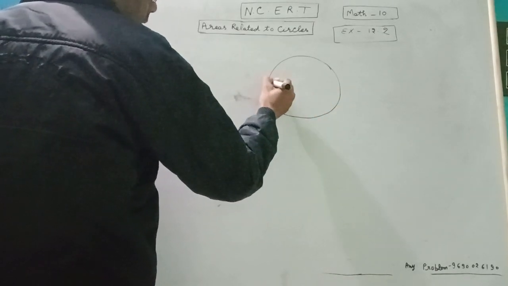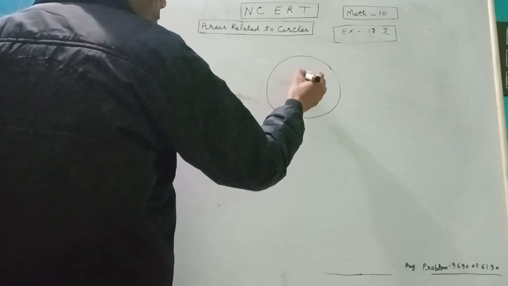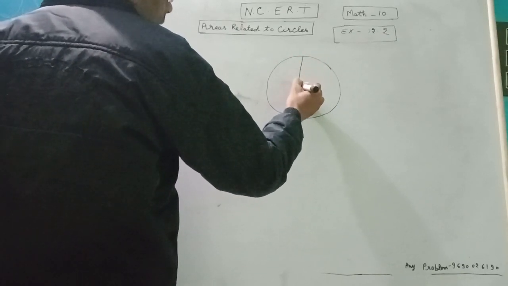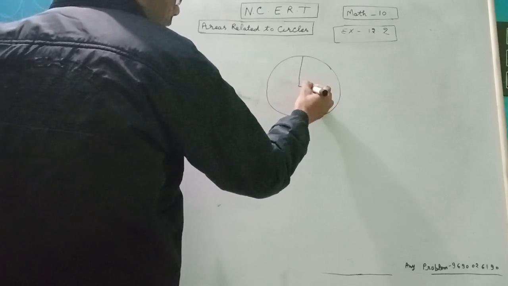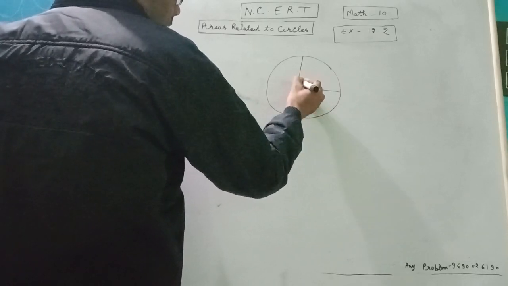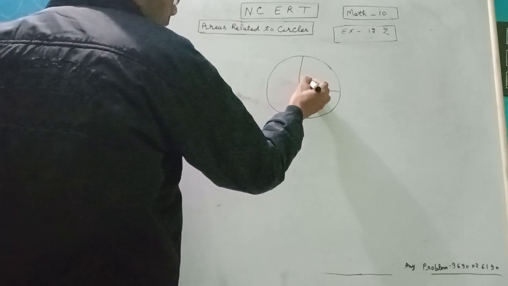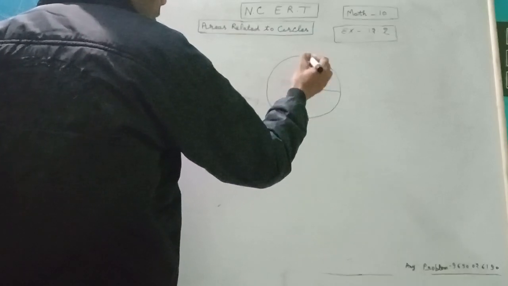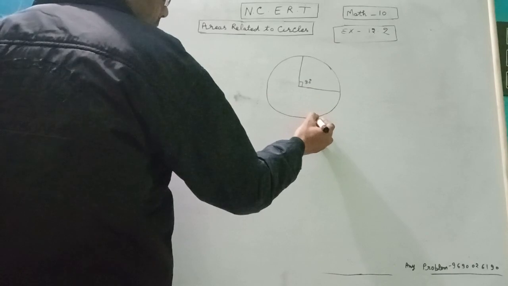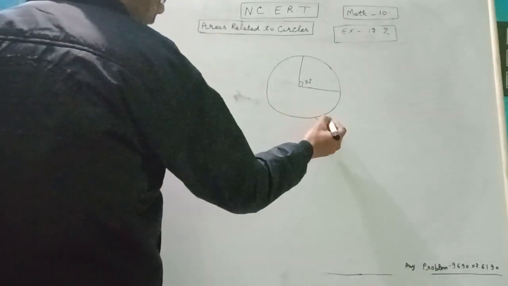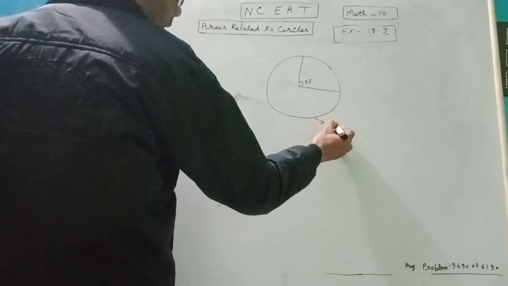That is the circle. The quadrant makes an angle of 90 degrees. The circumference is 22 cm.